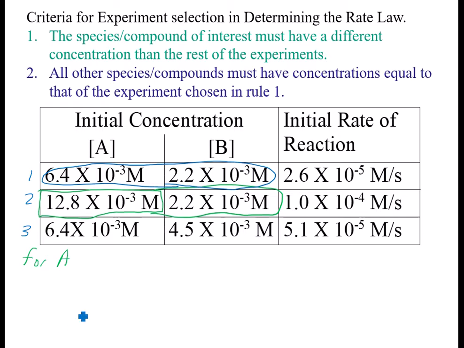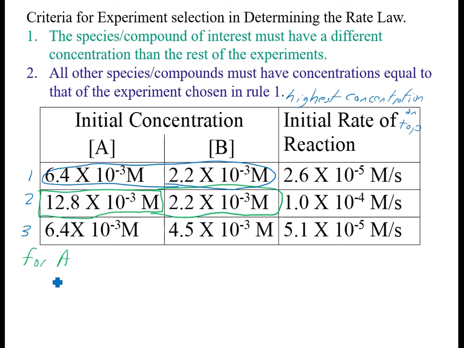So the highest concentration goes on top. Between these two, the highest concentration is the 12.8.